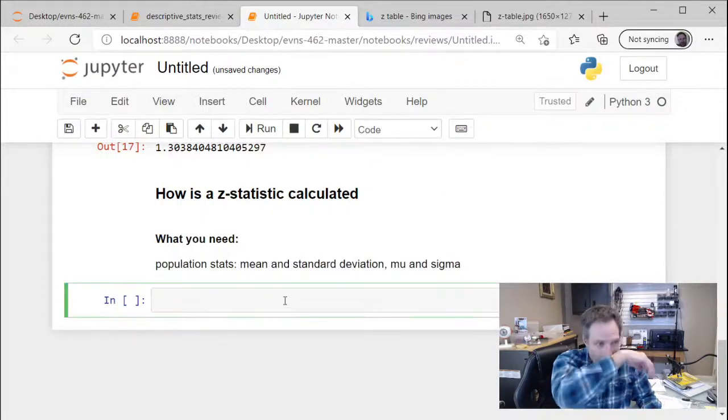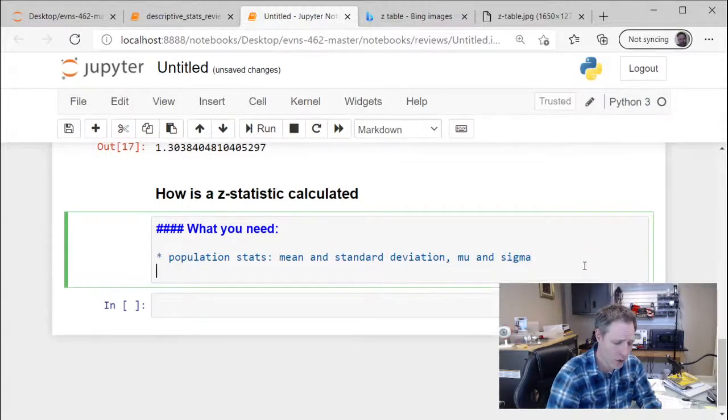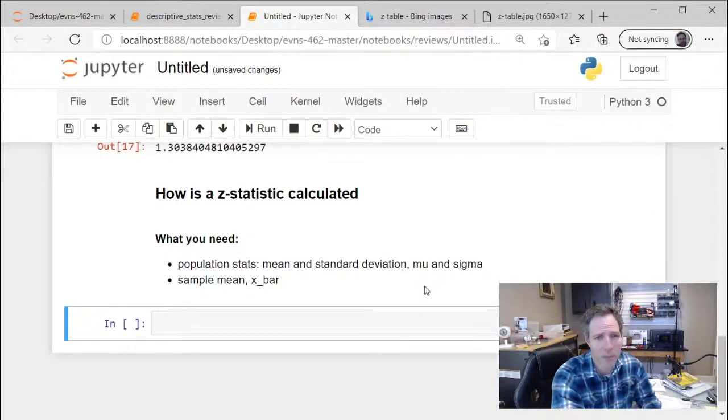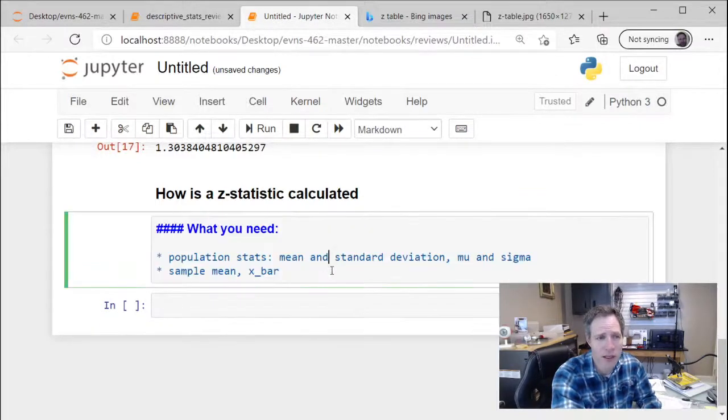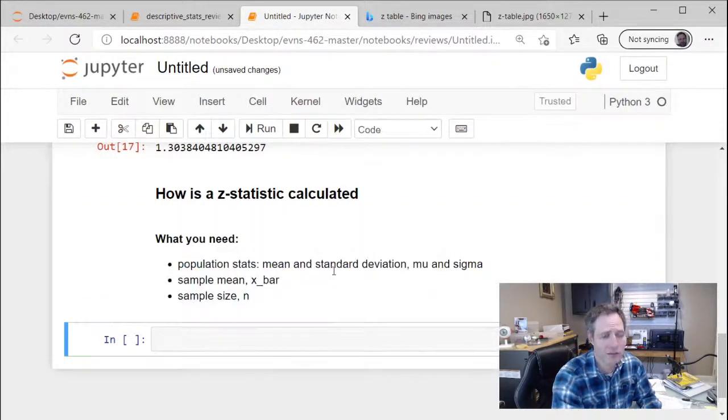Okay. What else do you need? Well, you're also going to need to know the sample mean, which uses the symbol x bar. So you're going to need to know those two things. You also need to know the sample size, call that n, little n.